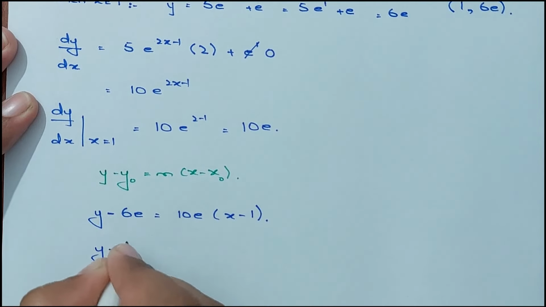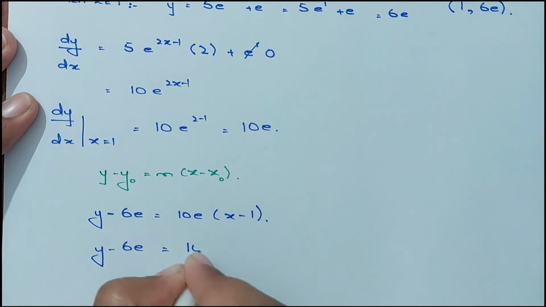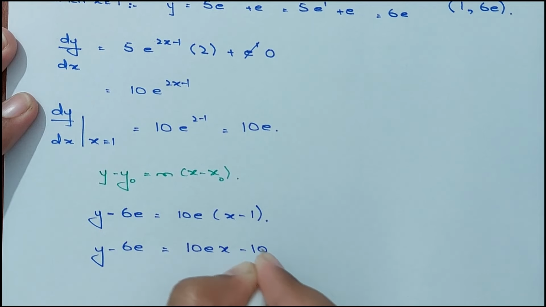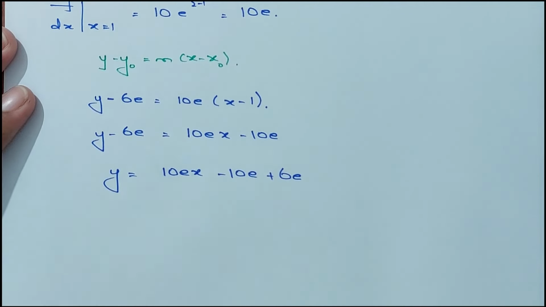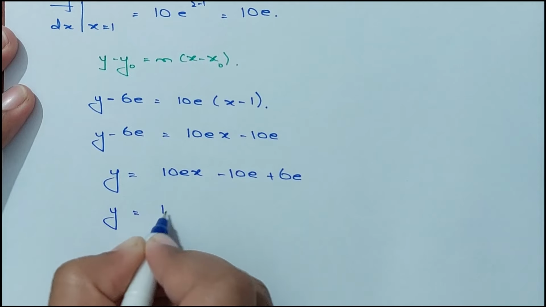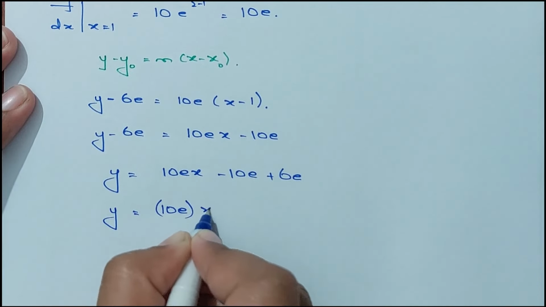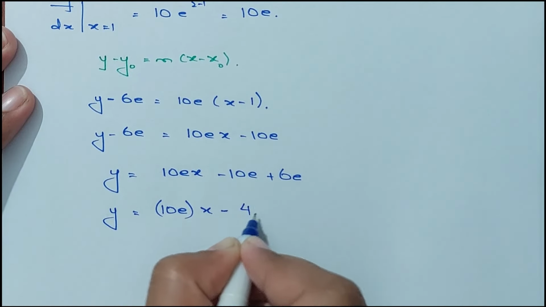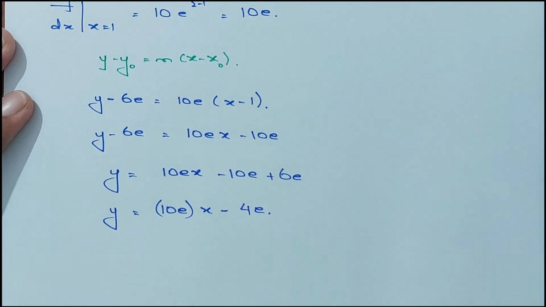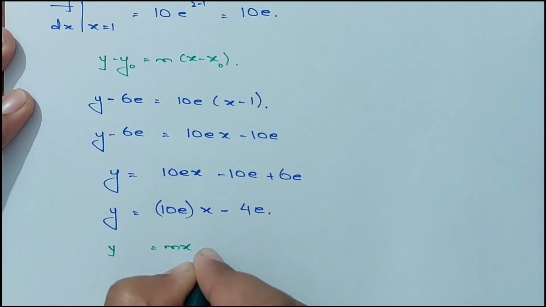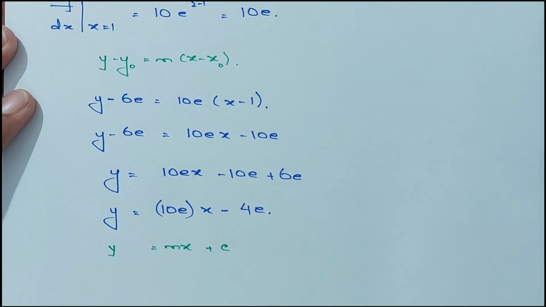So y minus 6e equals 10ex minus 10e, and y equals 10ex minus 10e plus 6e. So y equals 10ex minus 4e. Now this is in the form y equals mx plus c, where m is 10e and c is negative 4e.